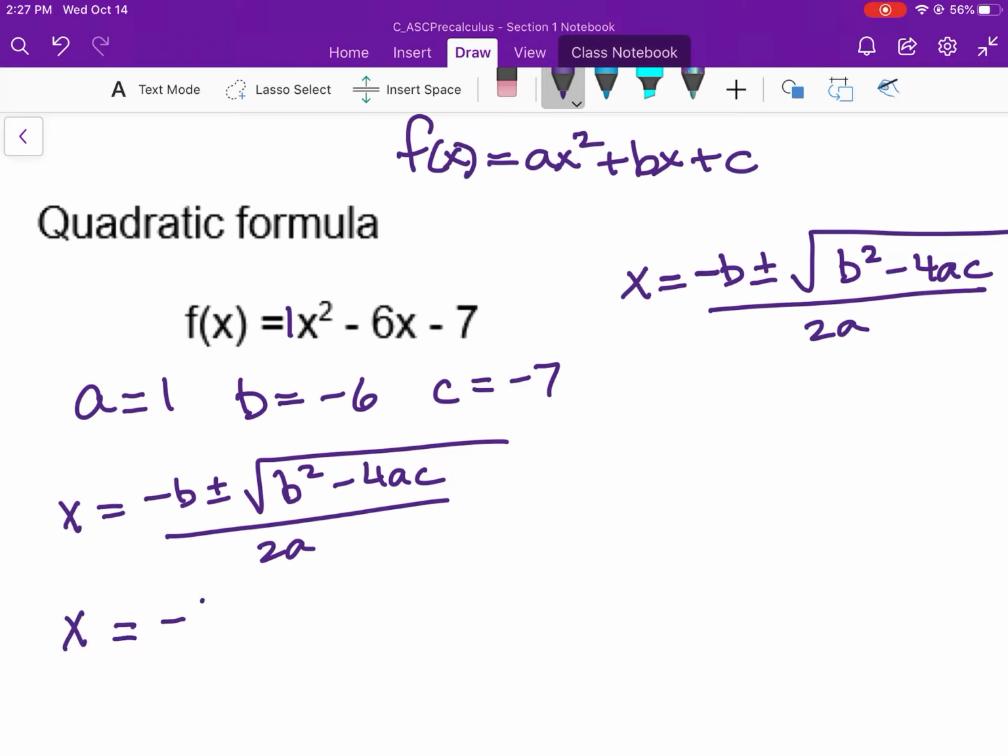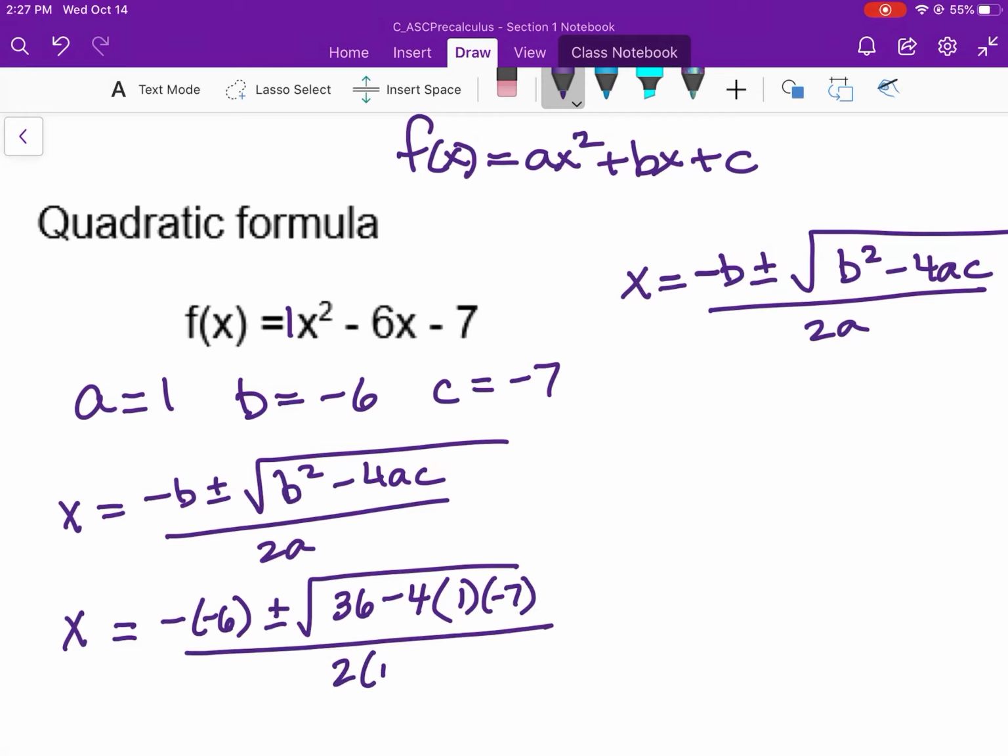Now be careful. X equals -6 plus or minus the square root of. At this point, I would encourage you to square b in your head. You know b squared is always positive, because a positive times a positive is positive, a negative times a negative is a positive, so it's always positive. So this is going to be 36 minus 4 times 1 times -7 all over 2 times 1.